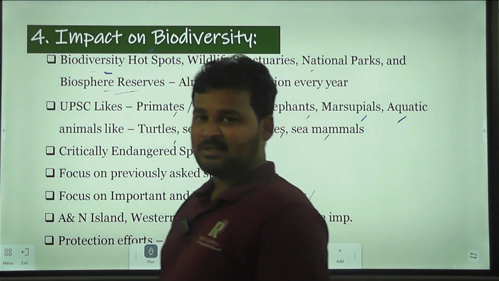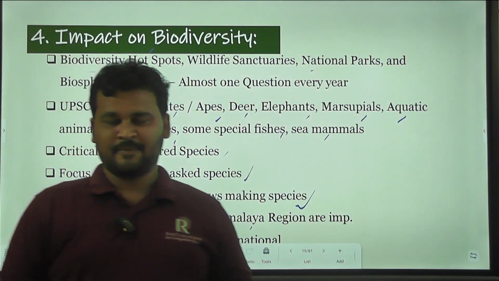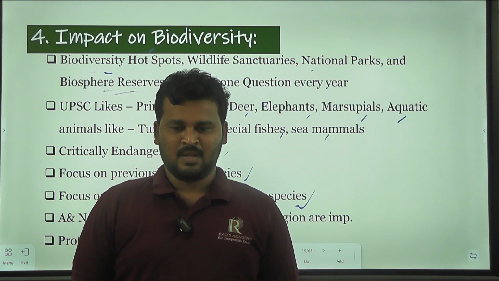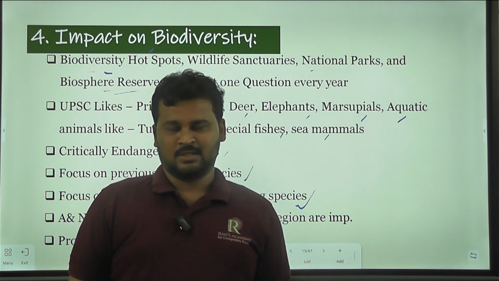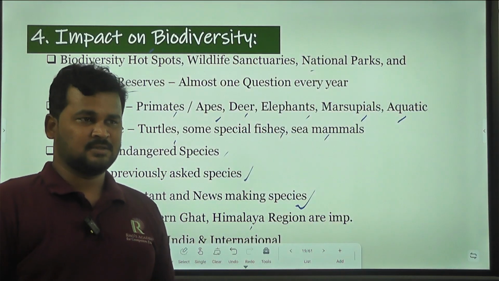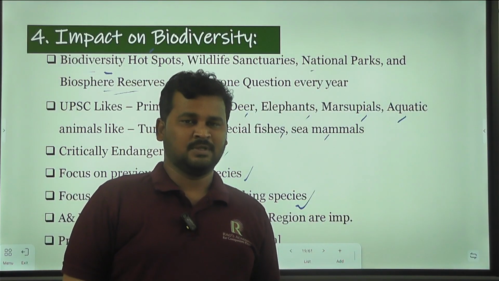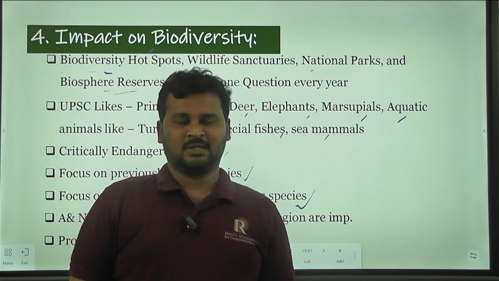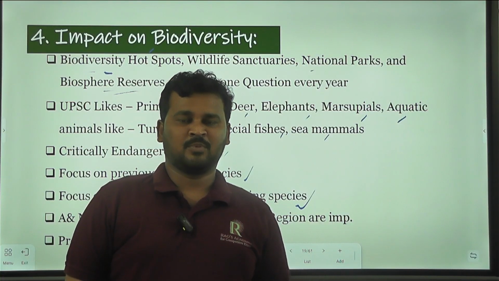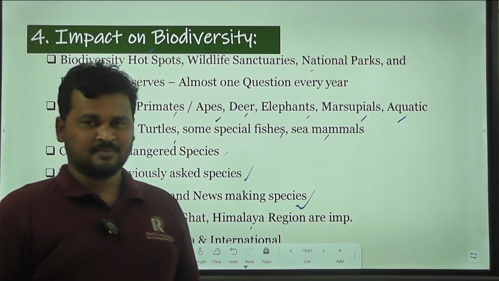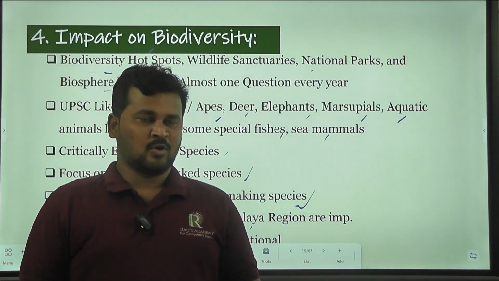Also focus on the protection efforts taken by the Government of India and international agencies to protect animals like the tiger, elephant, lion, cheetah, magar, which means crocodile, and also the olive ridley. To protect these endangered species, the Government of India has launched various projects. For example, Project Tiger.